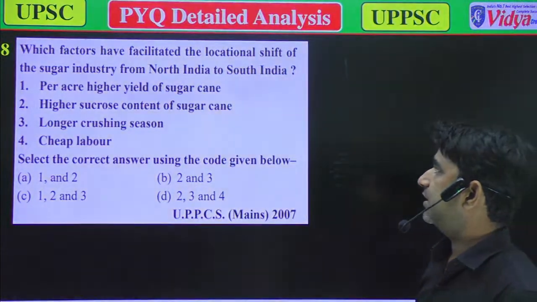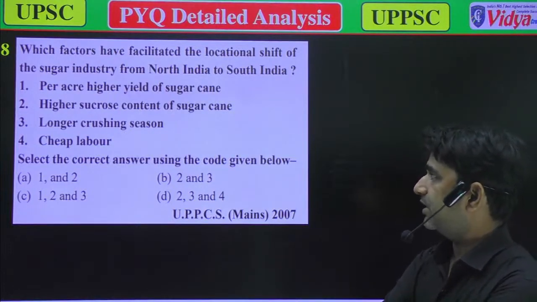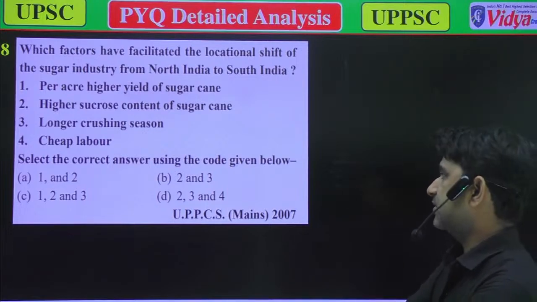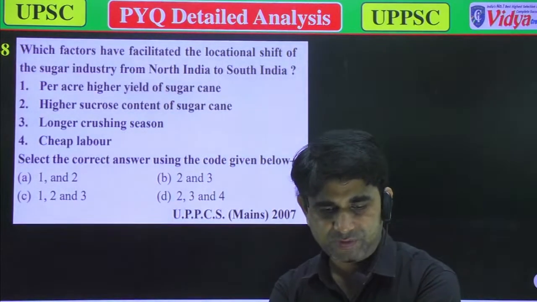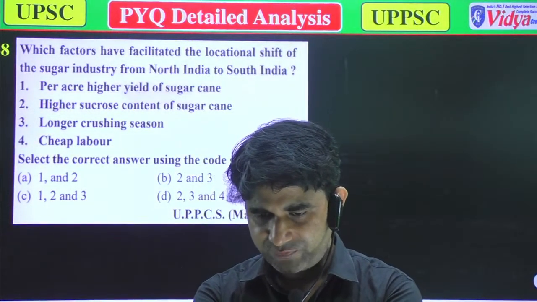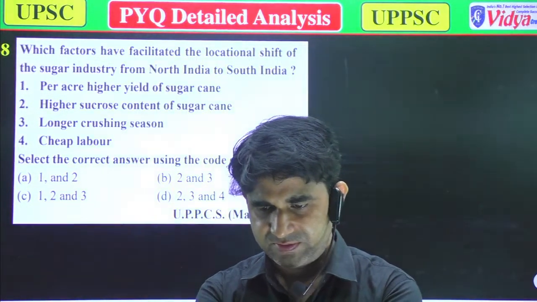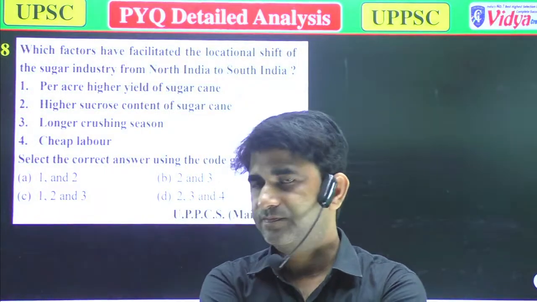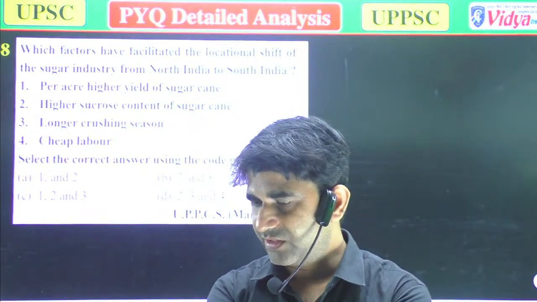B, higher sucrose content of sugarcane. C, longer crushing seasons. D, cheap labor. Please try to provide me the correct option.